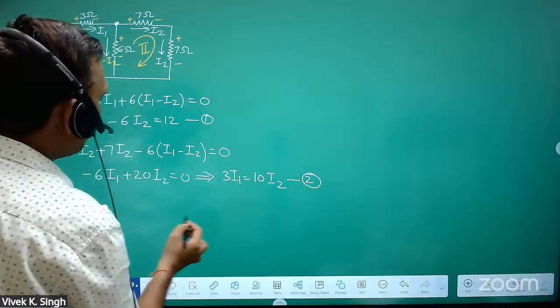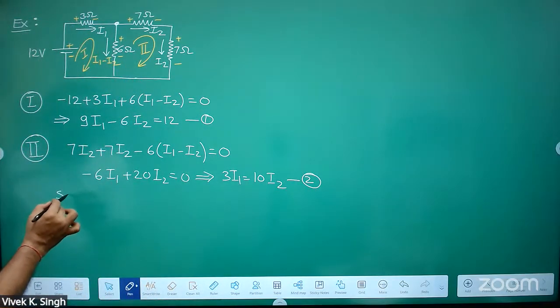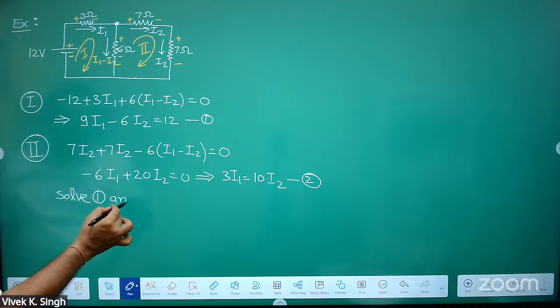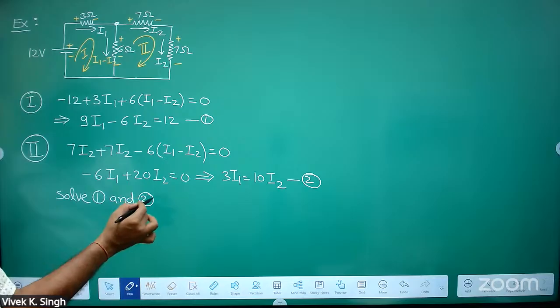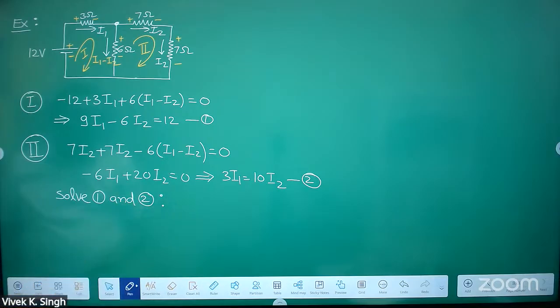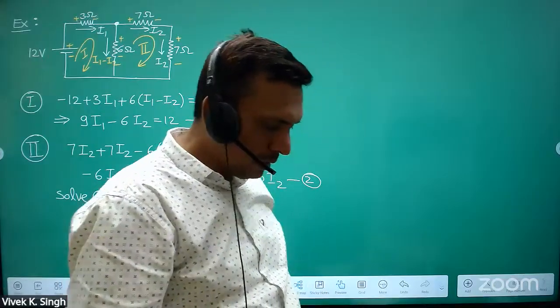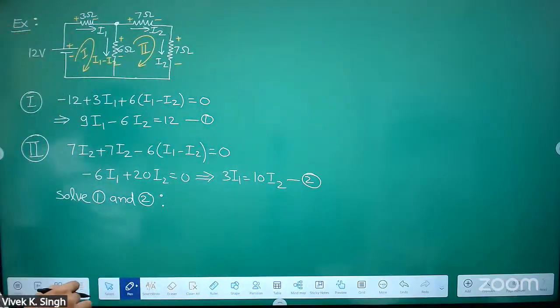Now solve 1 and 2. Solve 1 and 2, you will get current through each element. Let's solve 1 and 2. What will be the value of I1 and I2?